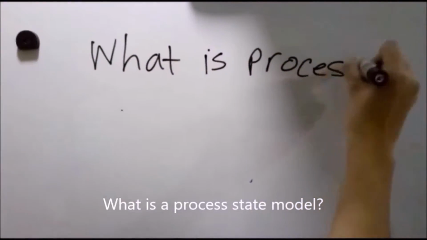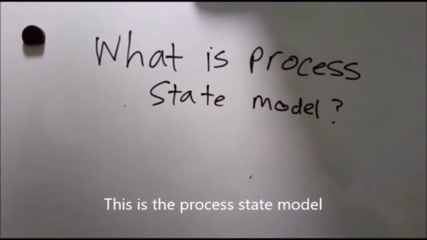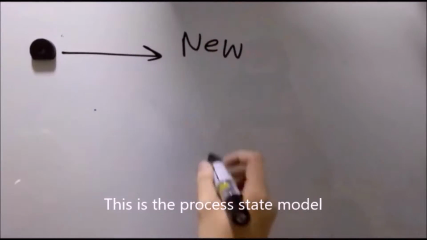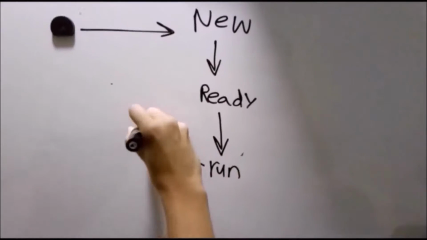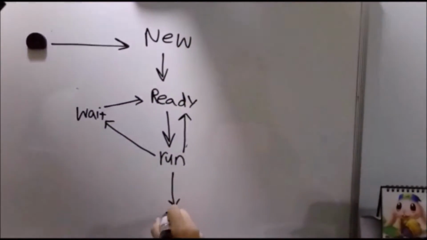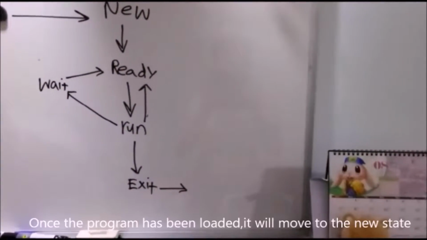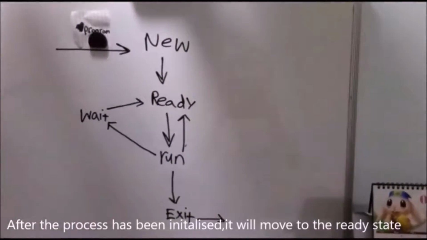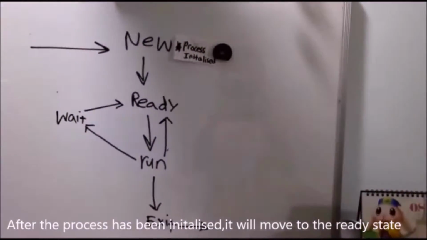This is the process state model. Once the program has been loaded, it will move to the new state. After the process has been initialized, it will move to the ready state.